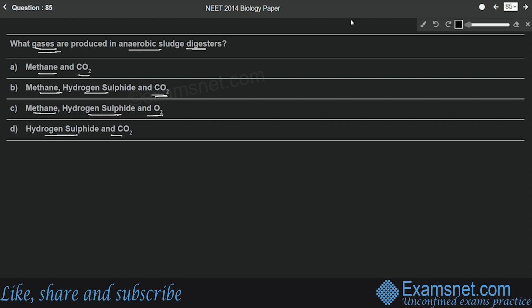So as it is clear from the word anaerobic, that means it involves breakdown of organic matter in the absence of oxygen.